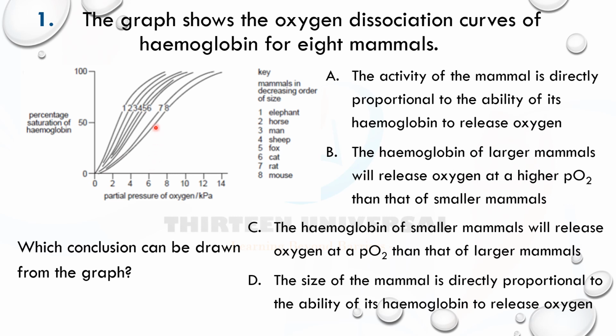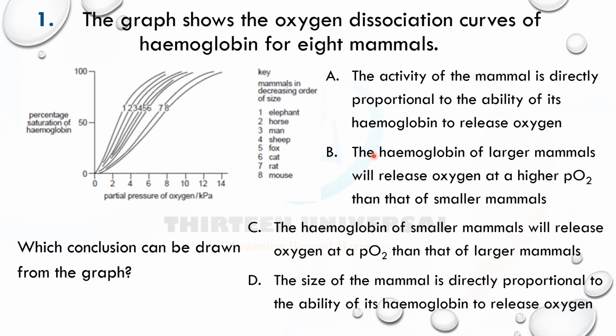But the largest animal here, elephant, number one, has a percentage saturation of almost 100, so it doesn't release it. Larger mammals have higher affinity for oxygen, because they have higher percentage saturation of hemoglobin at low pressure.